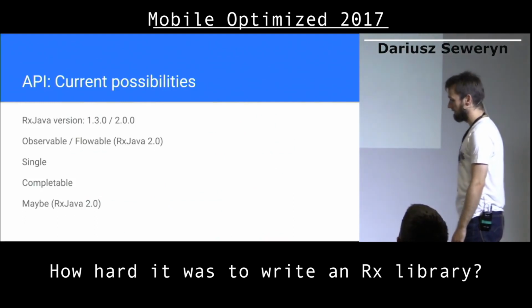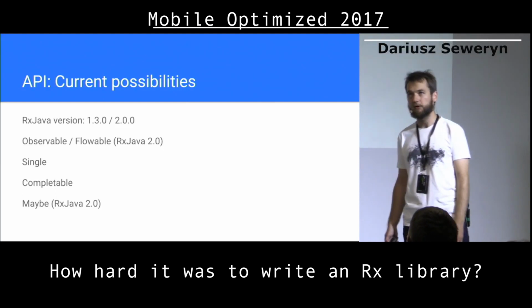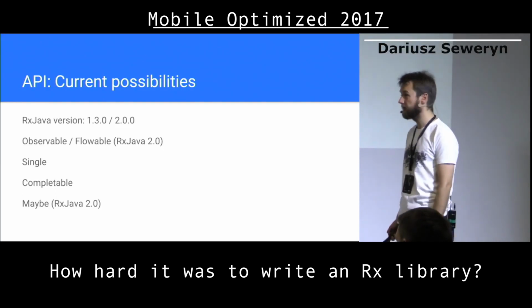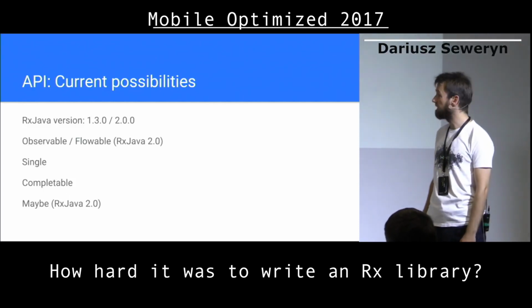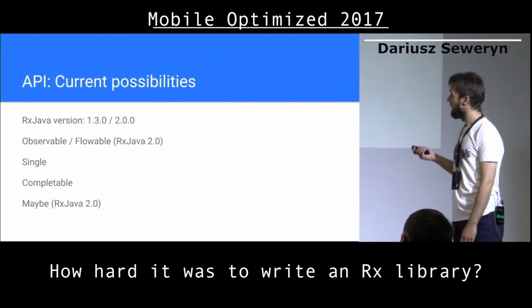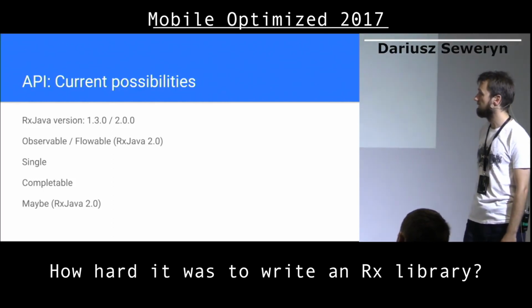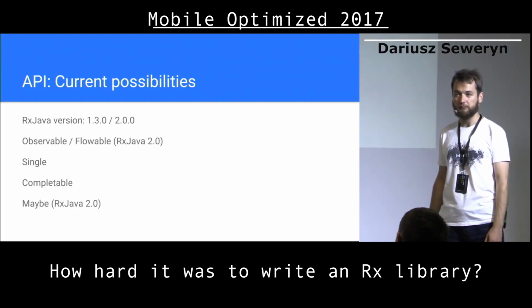So currently RxJava and all other reactive libraries have matured, and there are more interfaces that we can use. Observables, singles, completables, and maybes. Well, these are all just special situations of observables.